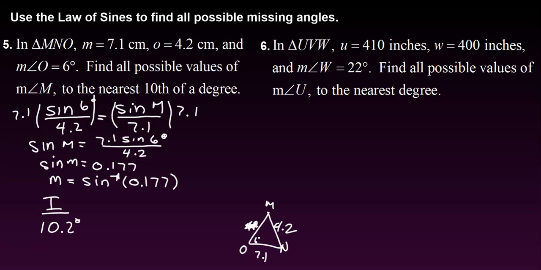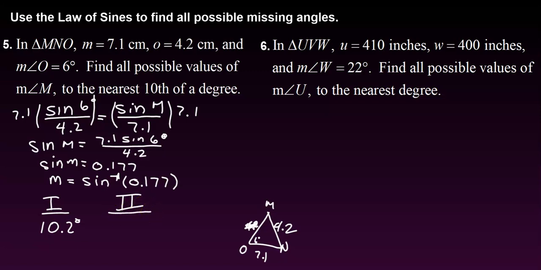But now the thing is, we know that sine is positive in more than one quadrant. Sine is also positive in quadrant 2.